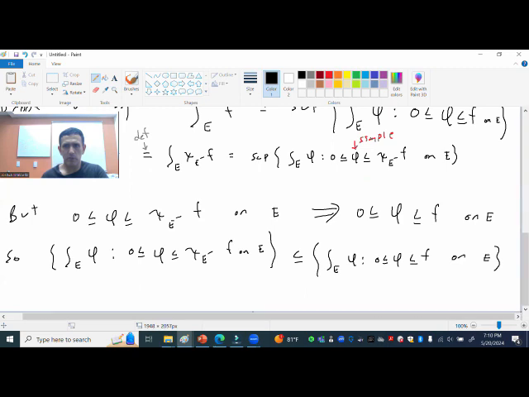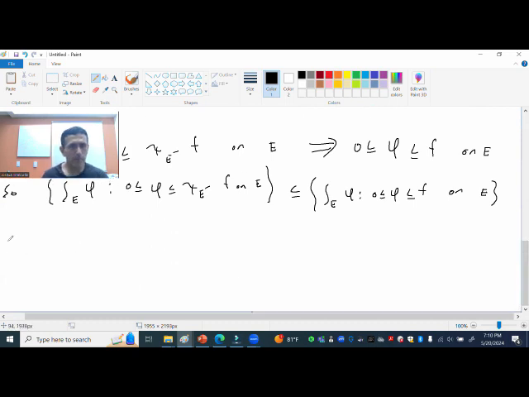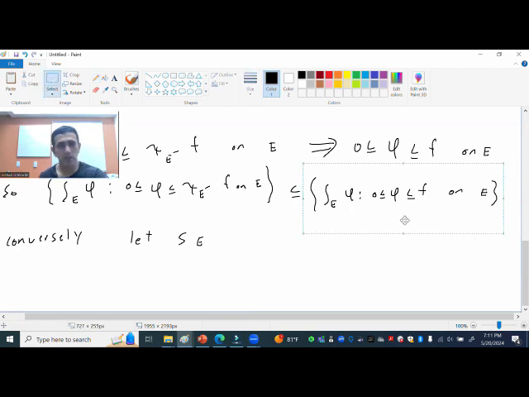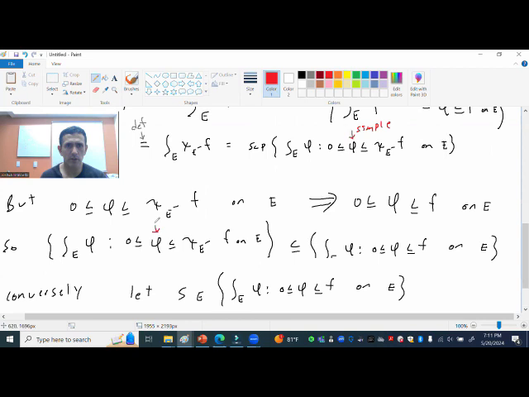Okay, so let's say S is in this set right here. Again, these are both over simple functions. So let's assume this is a simple function.